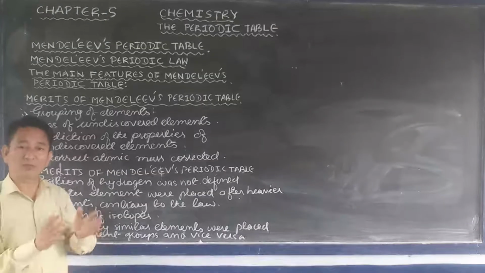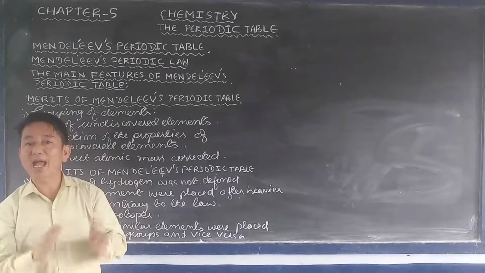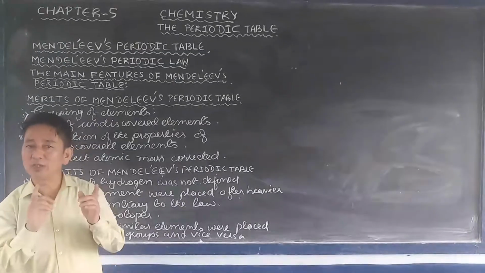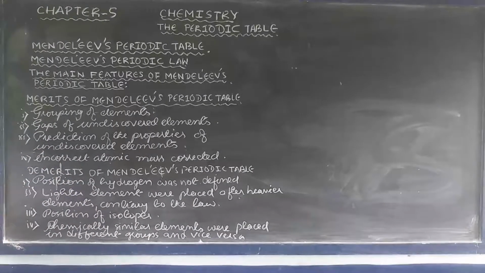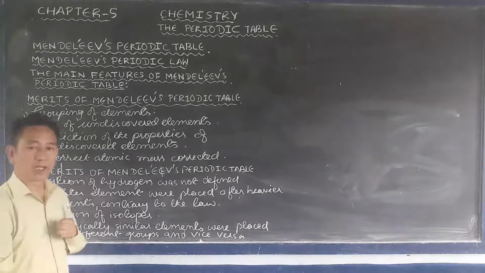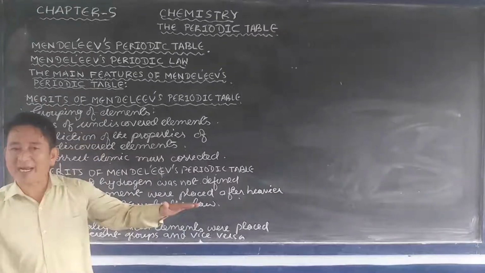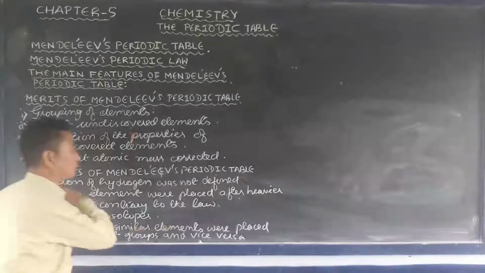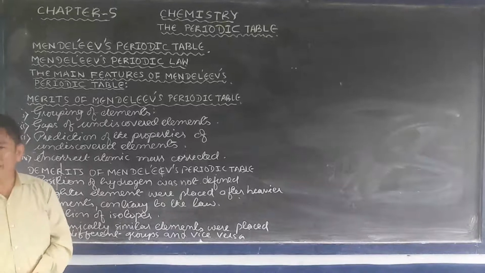The elements of the same group show similar properties and the same valency, which is equal to their group number. Number 3, he divided this table into 7 horizontal rows. Horizontal rows means left to right, and they are known as periods.